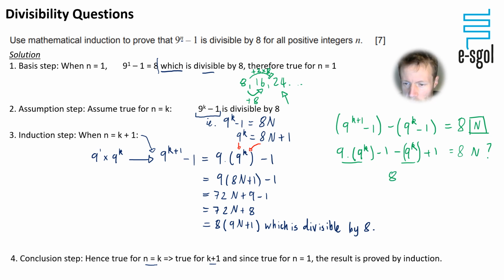So eventually we've got 8 9 to the power of k's. Minus 1 plus 1, well, that's 0. So that is 8 to the power of something. And then we can make a statement saying that the difference is in the 8 times table. That's just an alternative way of doing it. So that's a divisibility question using mathematical induction, and we'll just put another one on the next slide.